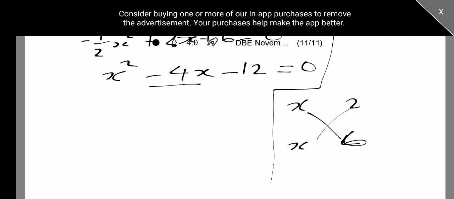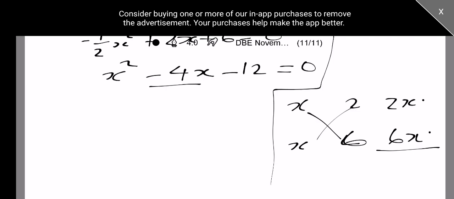Now cross multiply as before, as I've shown you. It's going to be 2x. X times 6 is 6x. What is going to happen if we add 2x and 6x? They're going to give us 8x. So it already tells us that the signs of 2x and 6x are not both positive, neither are they both negative.